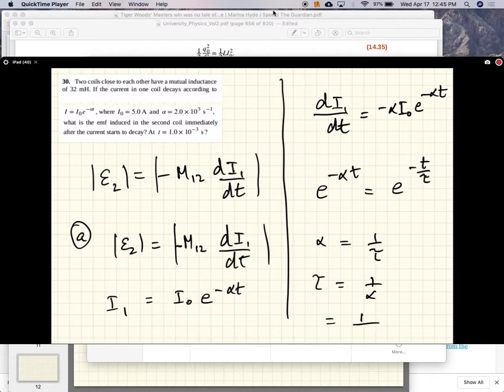So here's a good exercise: that is 1 divided by 0.5 times 10 to the minus 3 seconds. So the time constant is 0.5 milliseconds. So that's what that stands for. Everything in this problem is changing over a time scale of half a millisecond. So that's what you want to keep in mind.